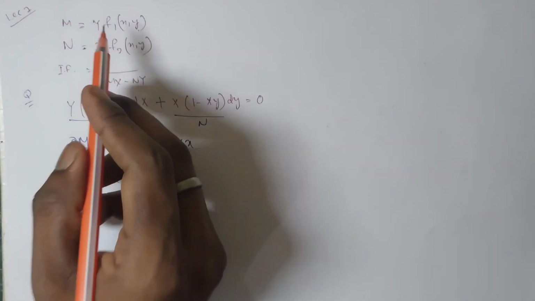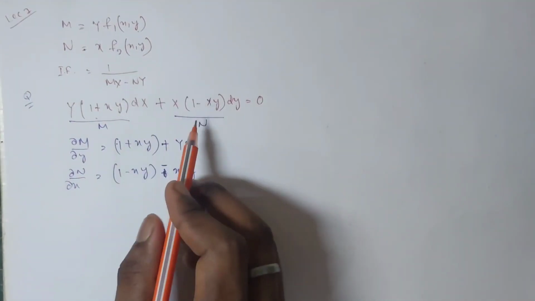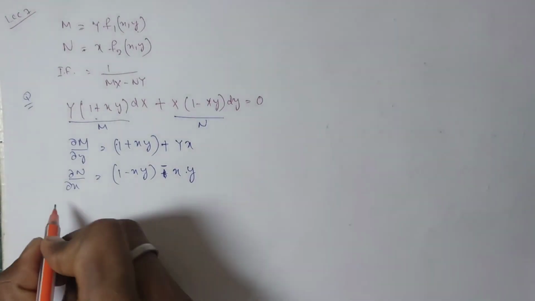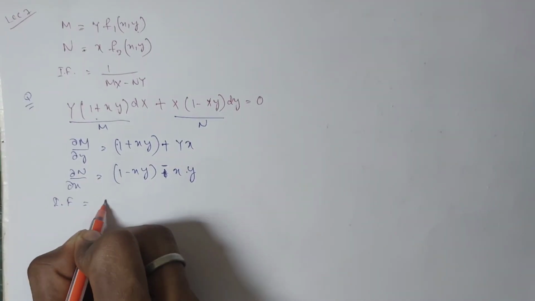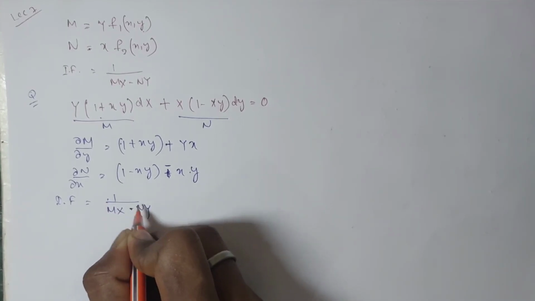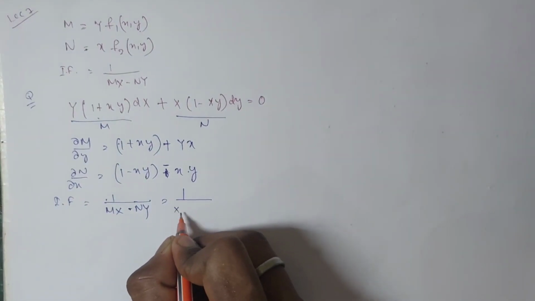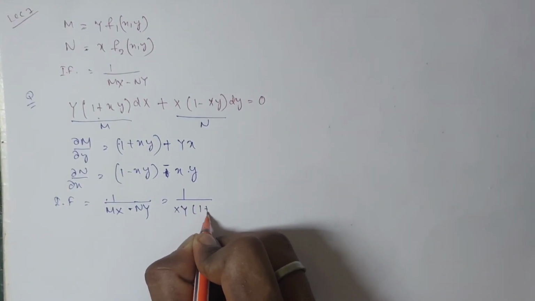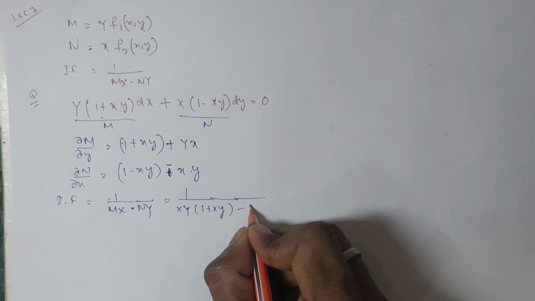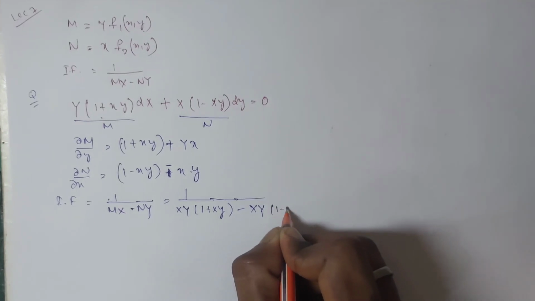Here it is y into some function of x and y, and here x into some function of x and y, dy. So the integrating factor must be 1 by (Mx minus Ny). So 1 by M into x, that is xy(1 plus xy), minus here also N into y, xy(1 minus xy).